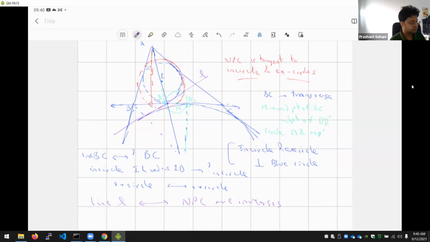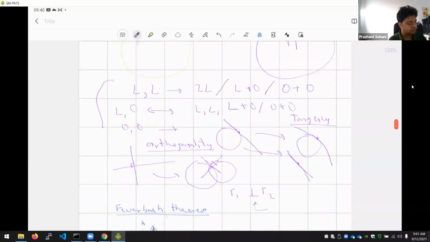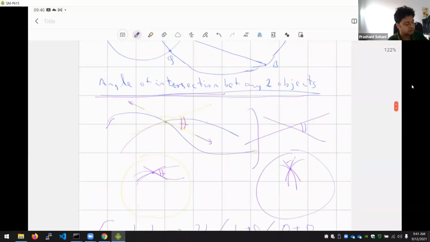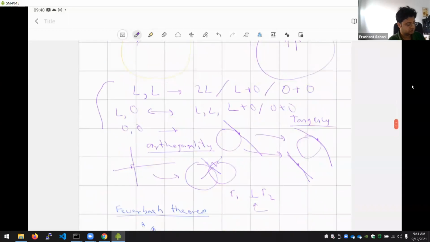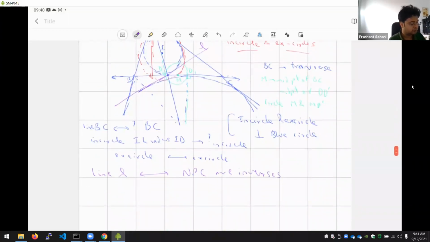If we show this, then what does it imply? We already know that line L is tangent to the two circles, the incircle and excircle. And the important property that we discussed is that the angle of intersection remains invariant. So tangent objects remain tangent objects. Do you see that will complete the proof?